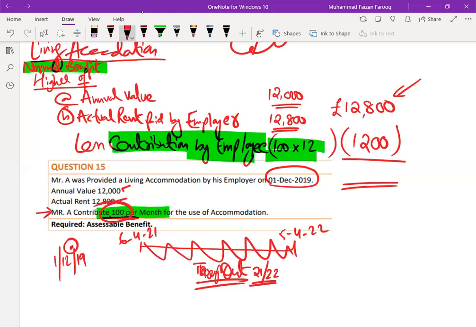Sorry, 100 per month means 1,200 a year. So what is your net benefit? 11,600. This is a very basic question of living accommodation. Any confusion, please ask me, otherwise note it down.